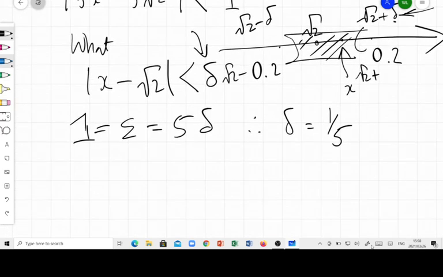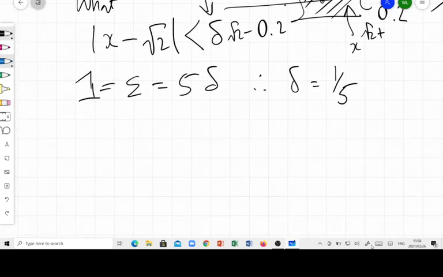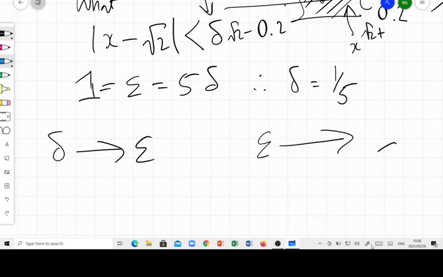And this is often how things actually turn out in practice. Instead of going from deltas to epsilons, as we have been seeing, we normally go backwards from epsilon to deltas.